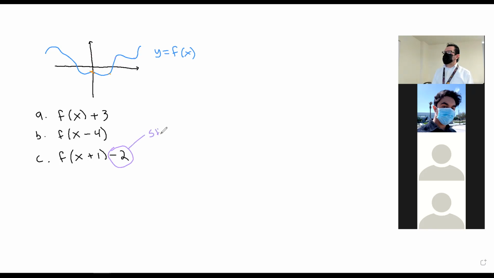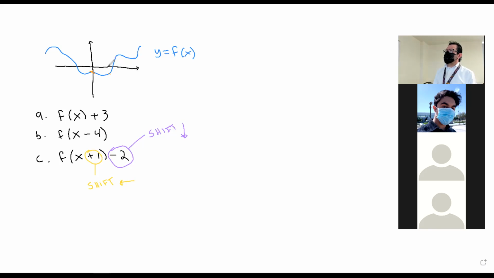A shift downwards. And what is this +1 going to represent? A shift horizontally to the left. So basically, I'm going to do this in 2 steps.